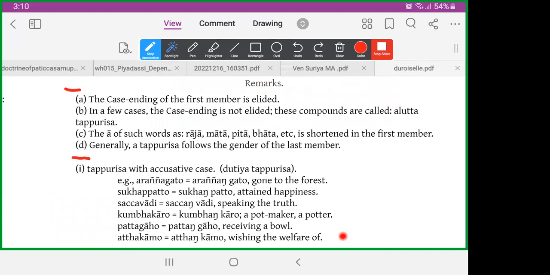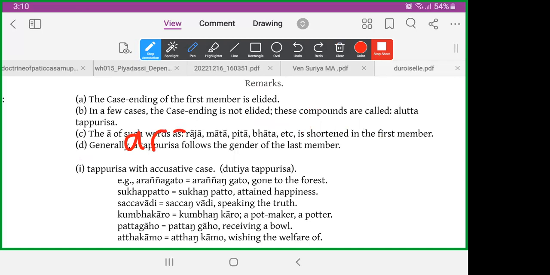Okay, now we are going to see the explanation here. The case ending of the first member is elided. All right, so we look at this example. For example, this Aranyam, actually this one is the same with the M dot here. So it has the Aranyam. It's difficult for me to write.